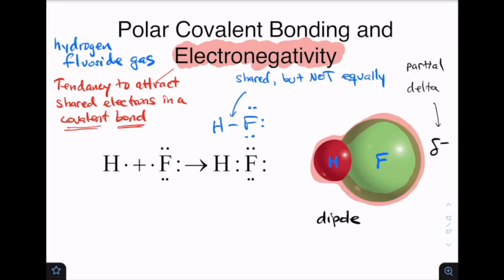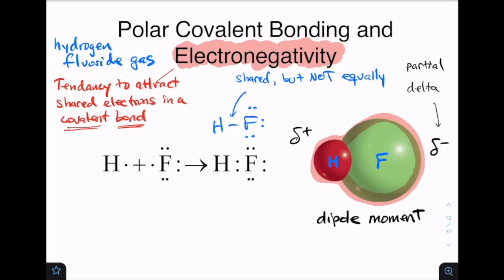It's not a complete 1 minus, all right? It's a partial negative charge. That means on this side, we have a partial positive side. Dipole. We have a positive pole and a negative pole. Now, in more advanced chemistry classes, we actually can quantify what that dipole is. It's something that we call a dipole moment.